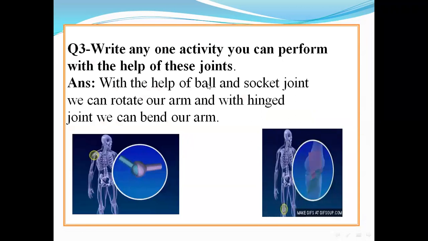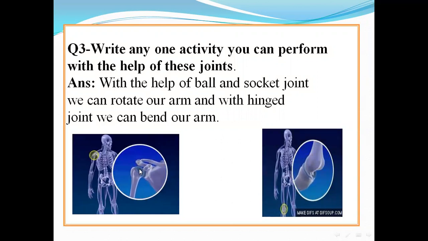Write any one activity you can perform with the help of these joints. With the help of ball and socket joint, we can rotate our arms, like a ball movement.